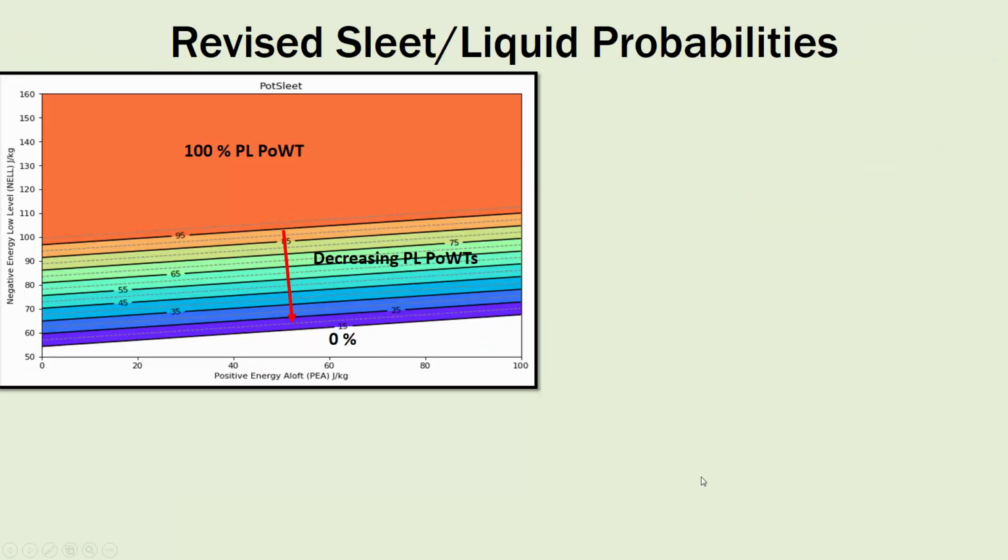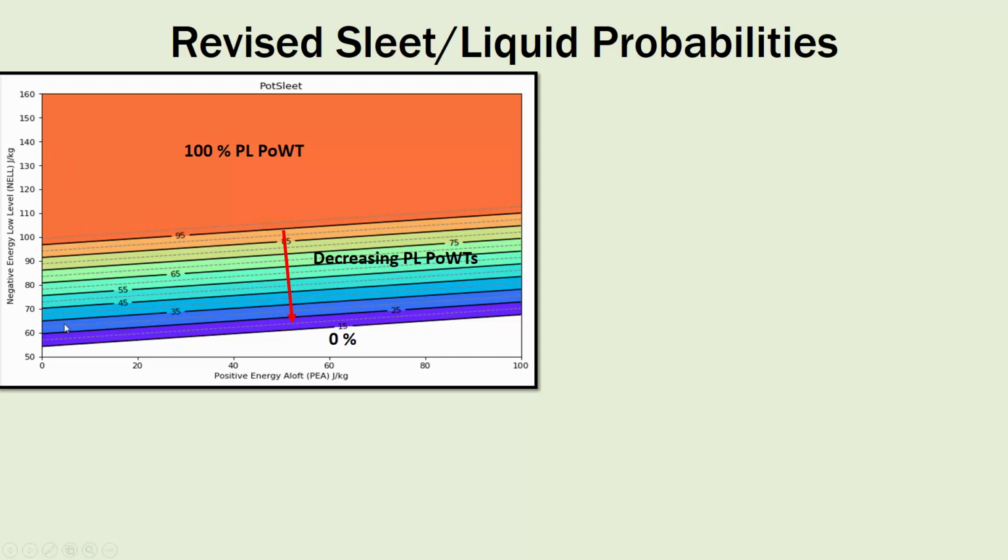Following our transition zone that we defined on the previous slide from our research, we modified the thresholds for determining sleet versus freezing rain environments using the wet bulb energies. In this graph, we've got the positive energy aloft in joules per kilogram, and on the y-axis we've got the negative energy in the low levels.